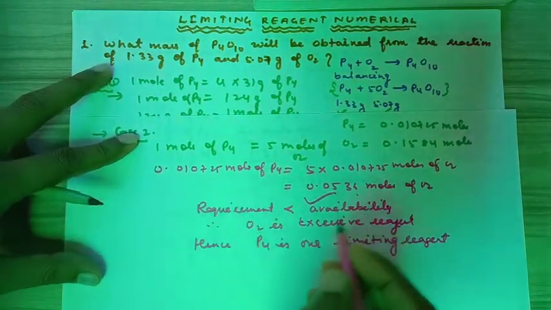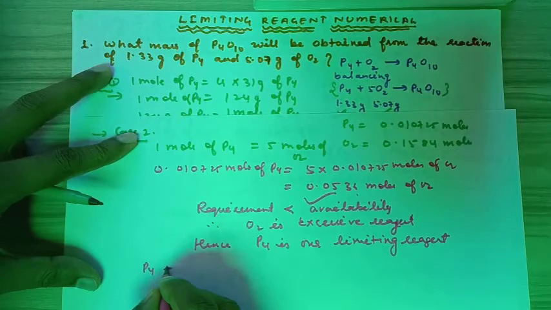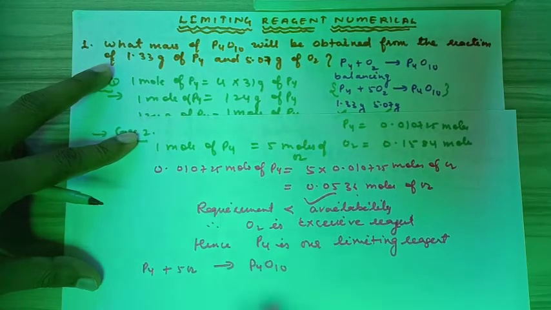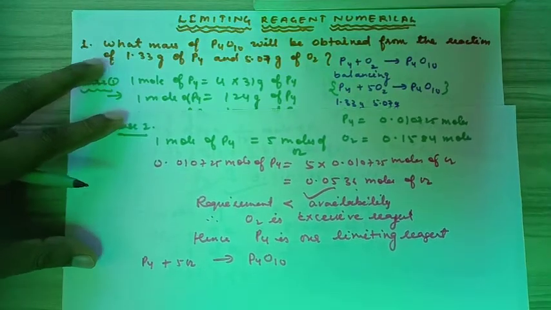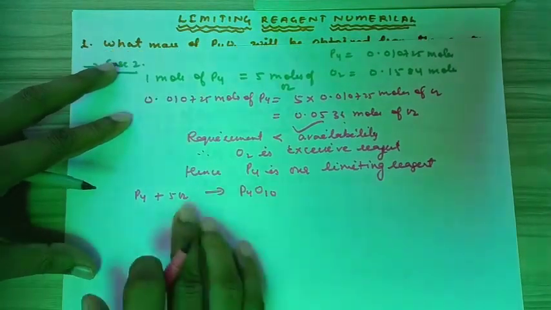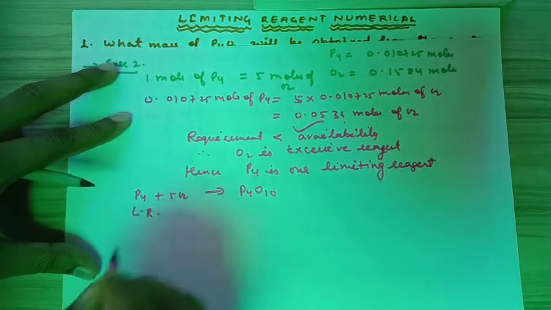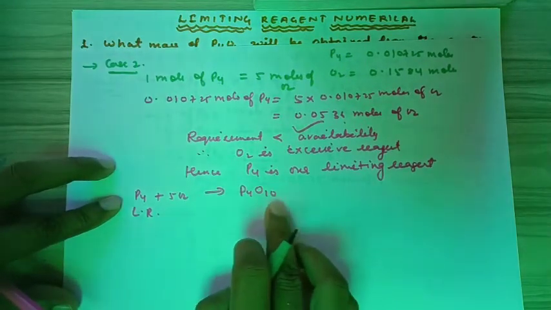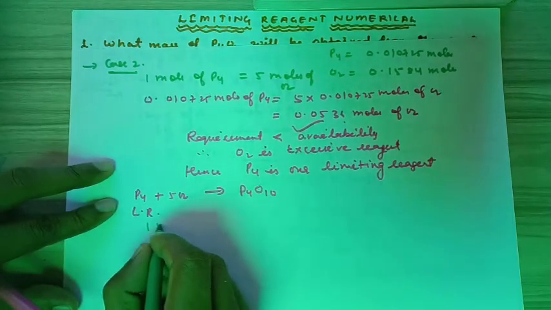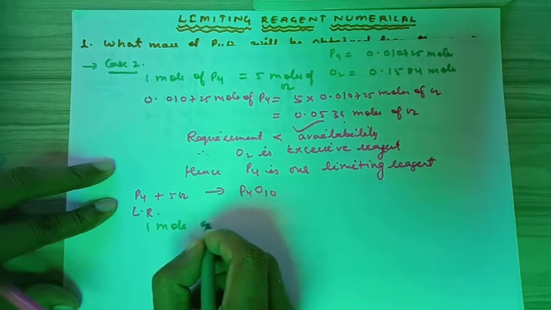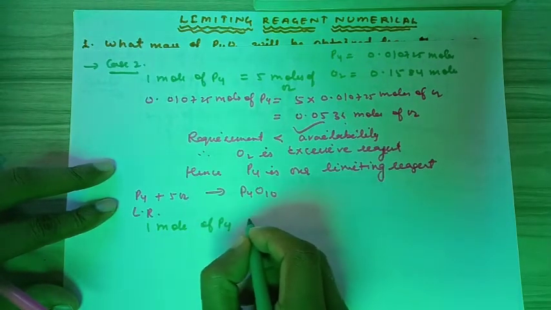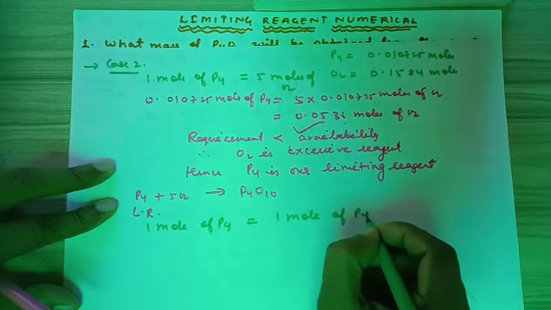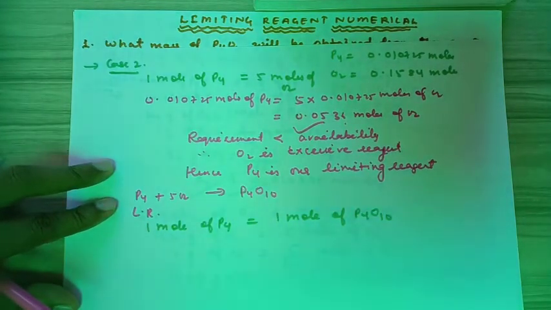Now let's use the equation, that is P4 plus 5O2 gives P4O10. Now we have to obtain P4O10, so we'll be using this equation. Now P4 is our LR, limiting reagent. So this limiting reagent will decide the amount of product formed. So 1 mole of P4 will give us 1 mole of P4O10.